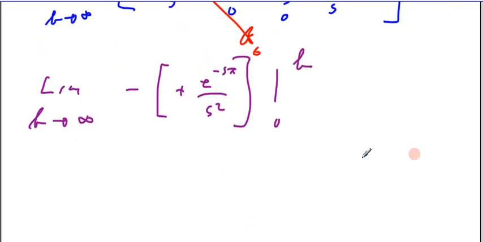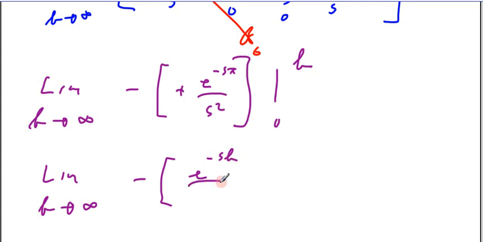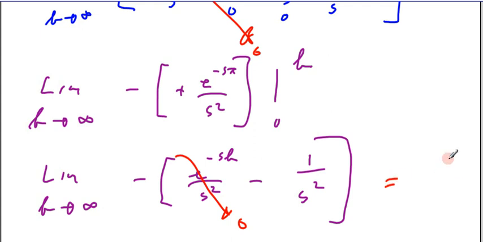Okay, limit b goes to infinity, and I've got minus e to the minus sb over s squared minus 1 over s squared. And as I go to infinity, this guy goes to 0, and I get 1 over s squared, which is, again, what I was hoping I would get before I started the process. All right, one more. Well, maybe 2 more, who knows.